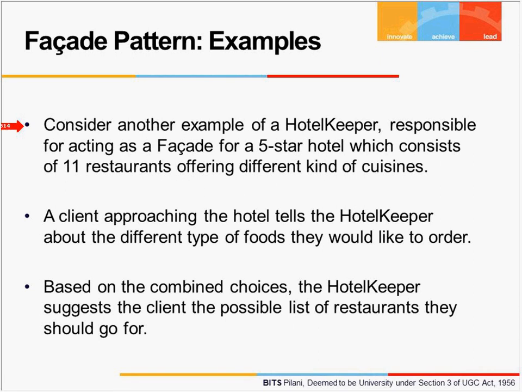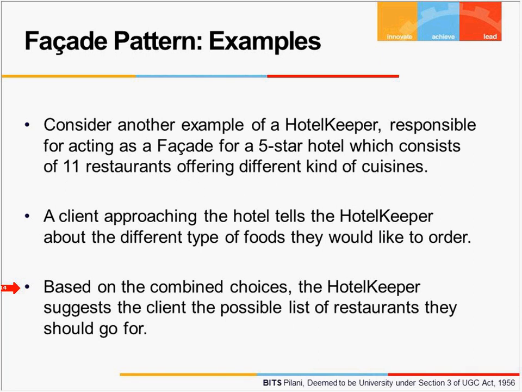A client approaching the hotel tells the hotel keeper about the different types of foods they would like to order, right? Based on the combined choices, the hotel keeper suggests the full list of restaurants they should go for.